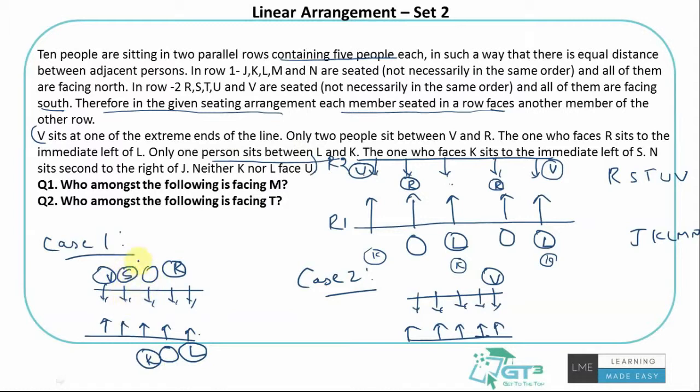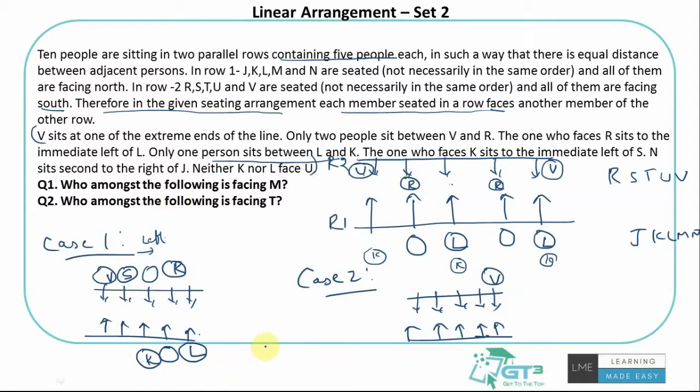Because they are facing in this direction, this is the left of S, right? So S is seated here. So the one who is facing K is sitting to the immediate left of S. N sits second to the right of J. I don't know where J is, but what does this say?